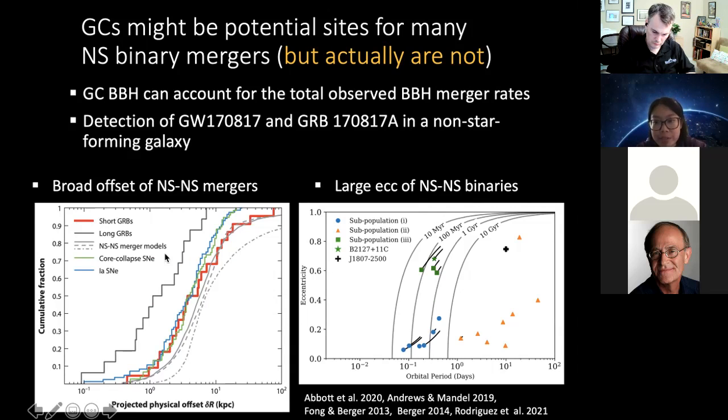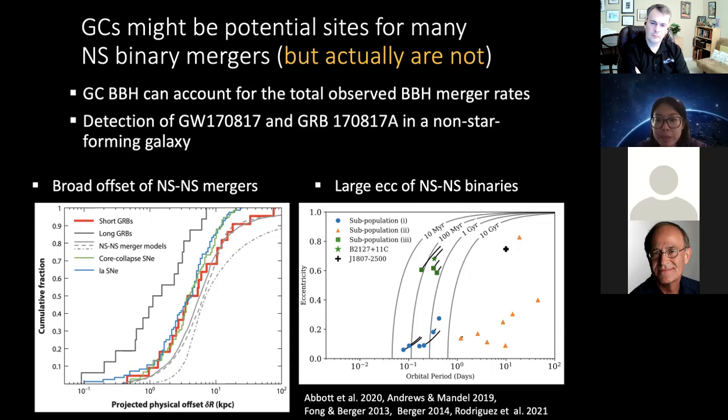And about 10% of the short gamma ray bursts have large offsets from the galactic center, suggesting that they may originate from dynamically formed compact object binaries in globular clusters. And what's more, the only binary neutron star confirmed in a cluster has similar eccentricity and orbital period to a few binary neutron stars observed in the field, suggesting that these binary neutron stars in the field might be kicked out from clusters.